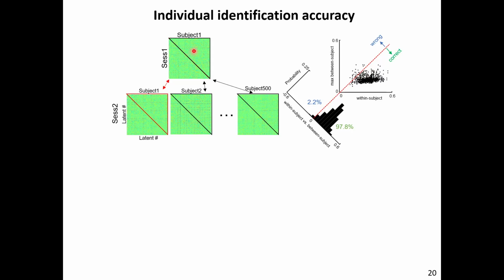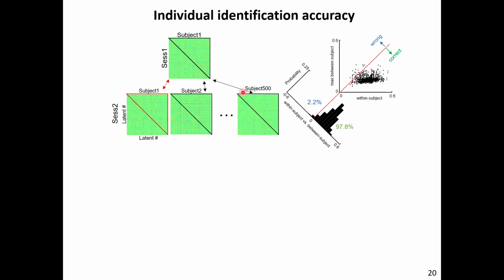For every one of the 500 subjects, we have a first session, and a few weeks later, they took the fMRI data again, which is called session 2. Then we use session 1 of the data as their fingerprint and try to identify somebody based only on their patterns.